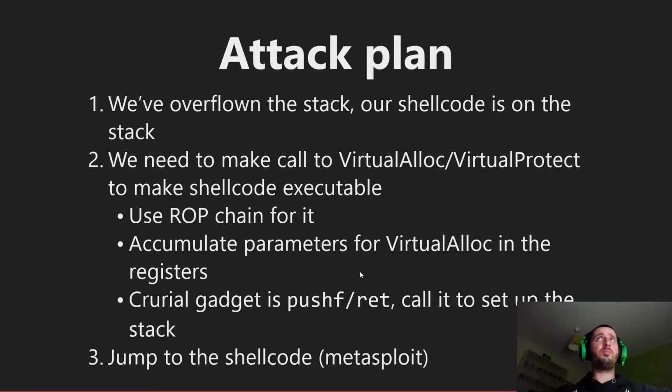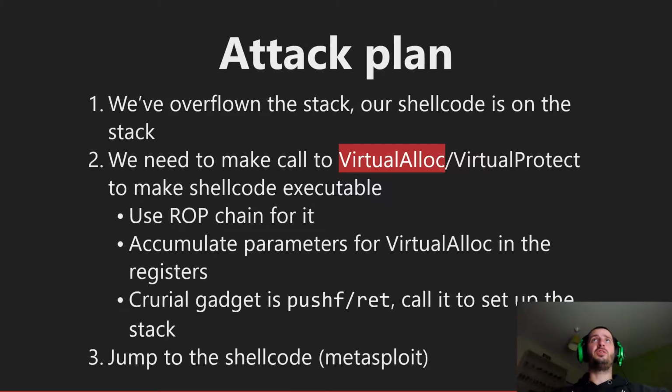So if we can do only ROP, the question is how we can call VirtualAlloc, because as you know, stdcall in Windows requires the parameters on the stack, but we need our stack to create a ROP chain.